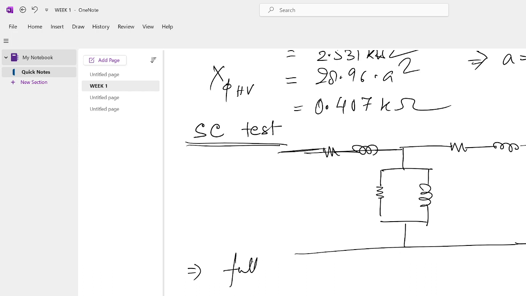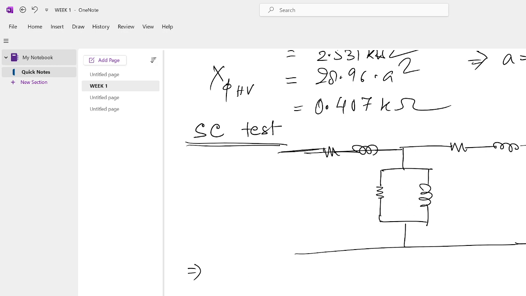Here, what is the objective? In the open circuit test the objective is to find the iron losses. For the short circuit test, we get the copper losses. So to get the copper losses, we need to circulate the rated current in the circuit. It has been seen that if you apply just 5% to 10% of the rated voltage, you will get rated current.